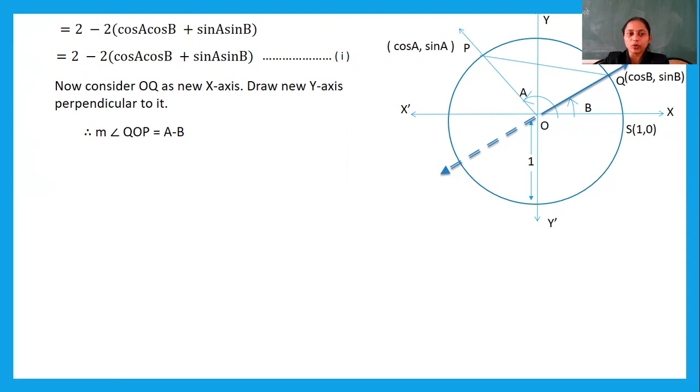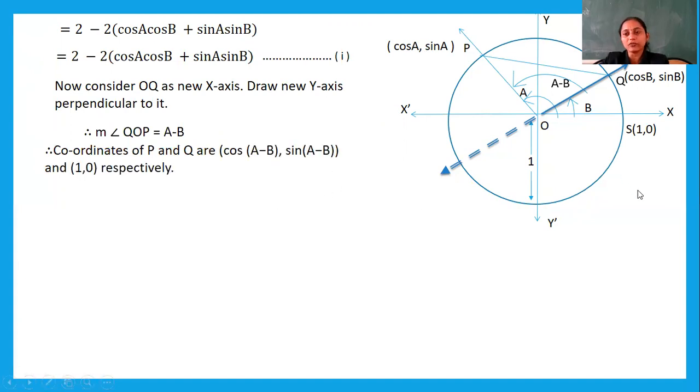QOP किंवा POQ हा काय मिळणार आहे A मायनस B. आता बघा A मायनस B हा अँगल घेतल्यामुळे P चे कोऑर्डिनेट चेंज झाले. मग अशी कोऑर्डिनेट्स काय होते तर कॉस A साइन B का तर तिथे अँगल मेड तयार झालेला अँगल काय होता A होता. इथे अँगल काय आहे A मायनस B. त्यामुळे P चे कोऑर्डिनेट चेंज होणार आणि P चे कोऑर्डिनेट आता काय असतील तर कॉस (A मायनस B), साइन (A मायनस B) आणि जो Q आहे त्याचे कोऑर्डिनेट 1, 0 असणार आहे.